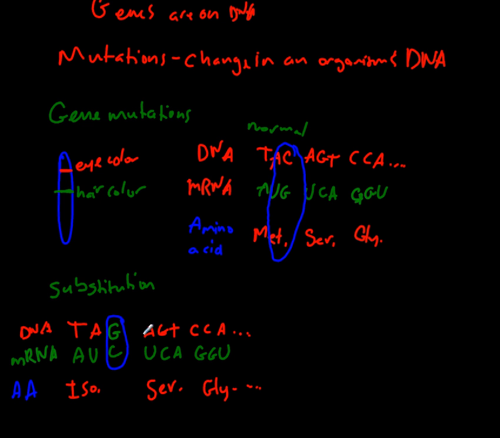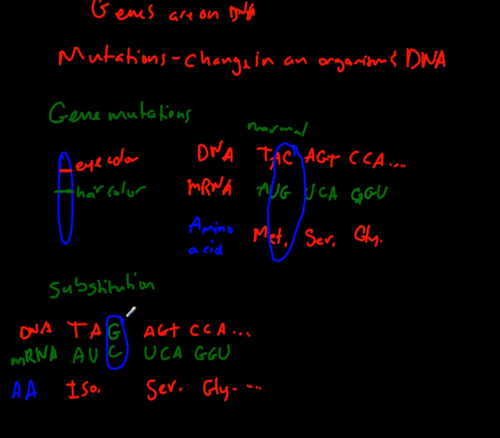So you can see in a substitution mutation, wherever it gets substituted, that one amino acid is going to be changed, okay? And so the protein that's made is going to be different because the amino acid sequence is different. So now it might be a different trait, you know? Instead of being the protein that gives you blue eyes, maybe now it's the protein that gives you brown eyes.